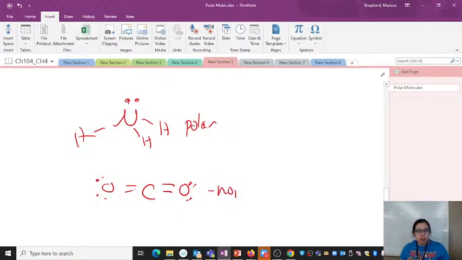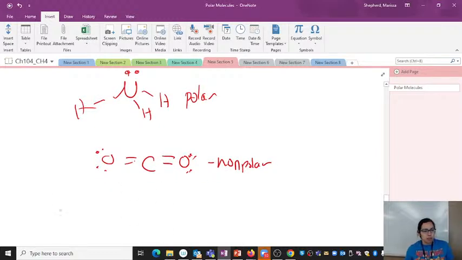This usually confuses students because you see an oxygen, and usually if we see a CO, at least in the form of a carbonyl, that's polar. But in this case, you have an oxygen on each side, so they cancel each other out, so it's nonpolar.